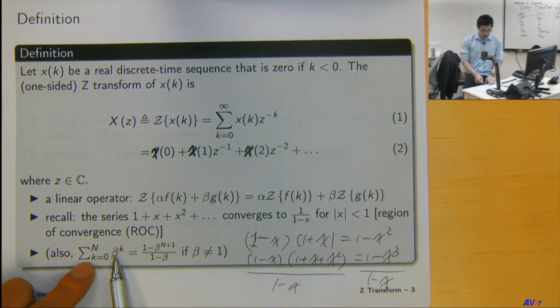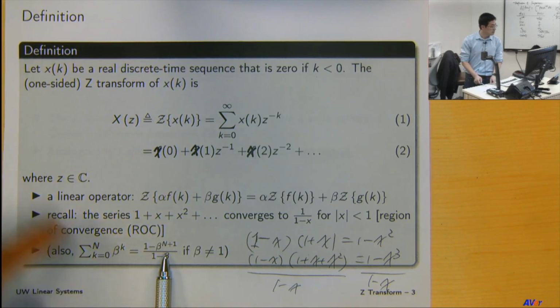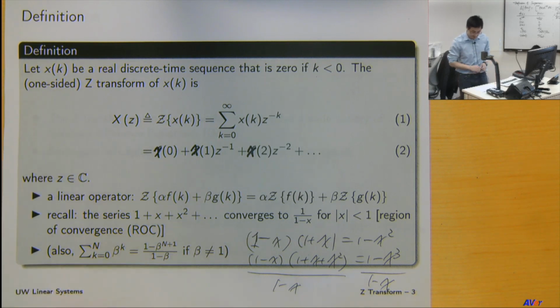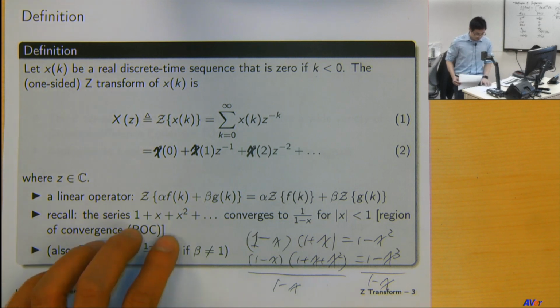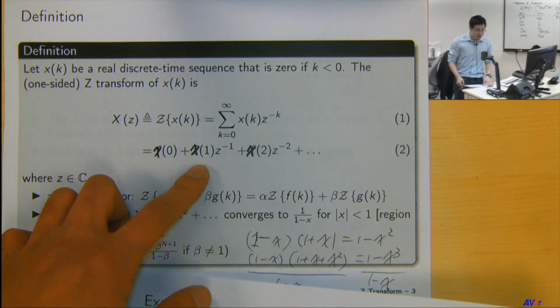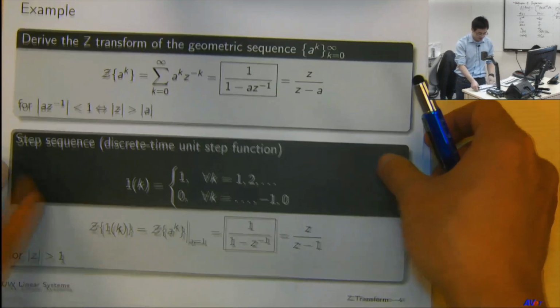If you sum something up from 0 to n of beta to the power k, then it's going to be 1 minus beta to the n plus 1, divided by 1 minus beta, if beta is not 1. From this result, we can immediately get many Z-transform pairs, such as these two over here.